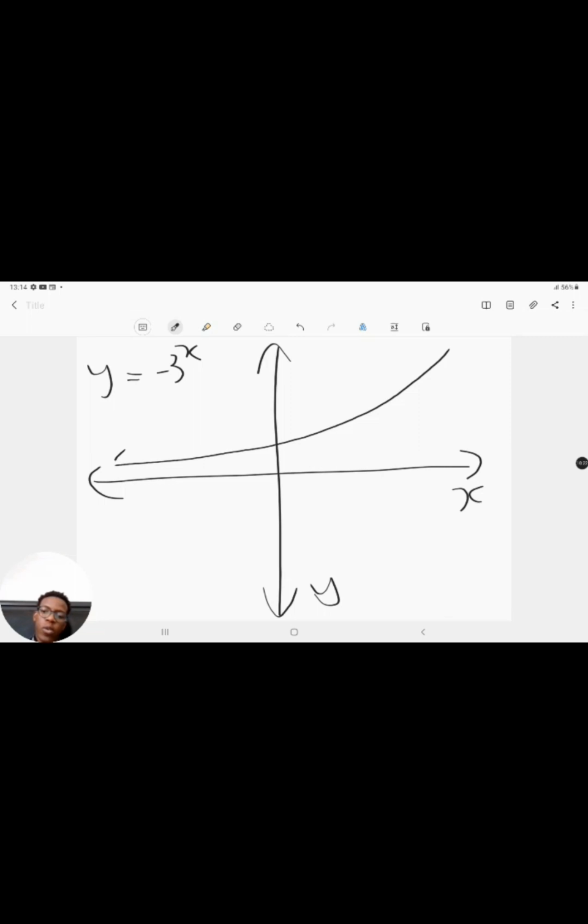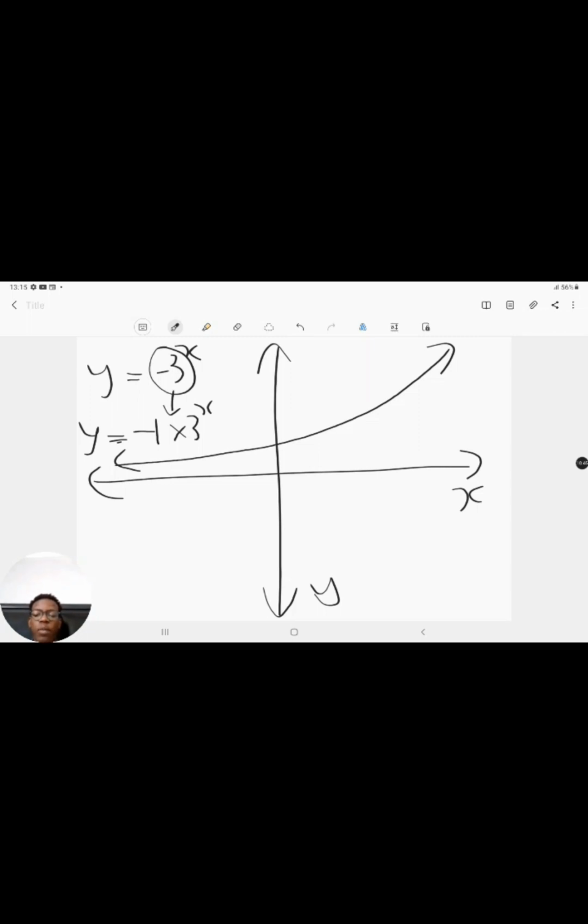And we know that the value there is not negative 3. As a matter of fact, that is minus 1 times 3 to the power of x. That's what this equation actually looks like.